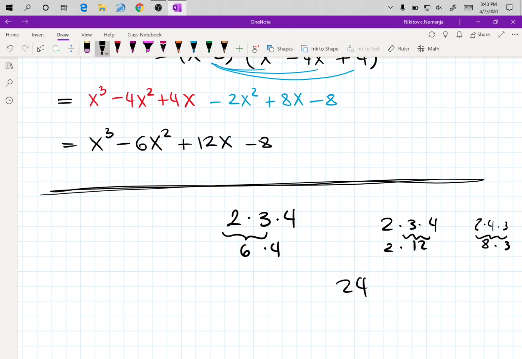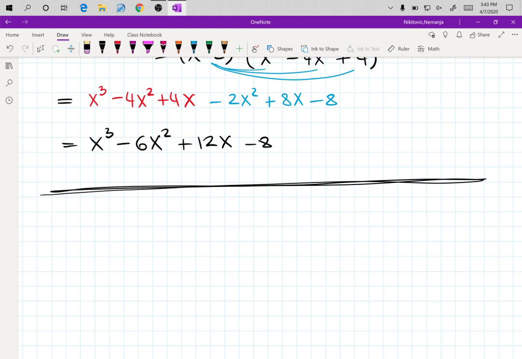So when you have to multiply 3 numbers, you pick a pair that you want to multiply first, and then you multiply by whatever number you didn't use yet. Well, it's the same thing for our cube up there. You multiply 2 of those 3, and then you multiply by the third one.